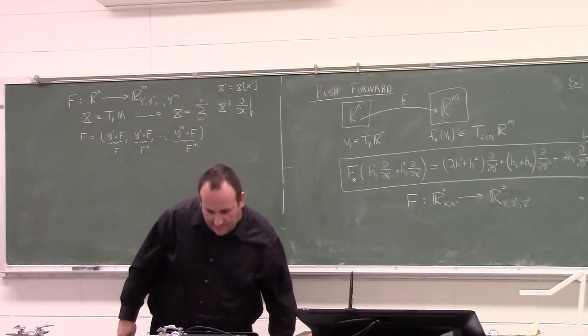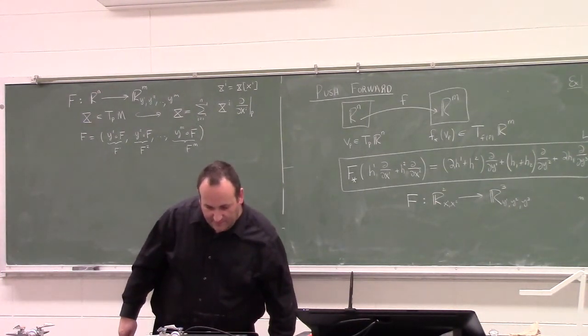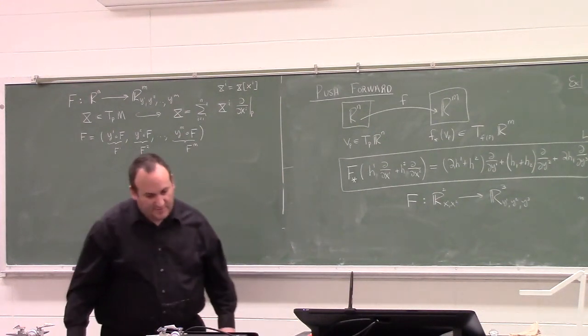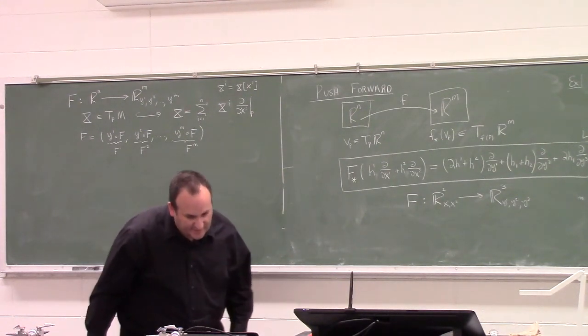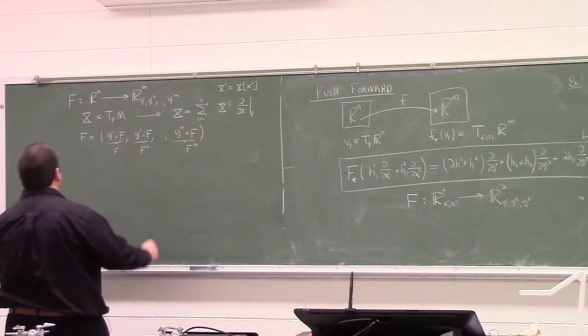Great. So we define the differential of f at p to be the mapping from the tangent space at p of Rn to the tangent space at f of p of Rm as follows.